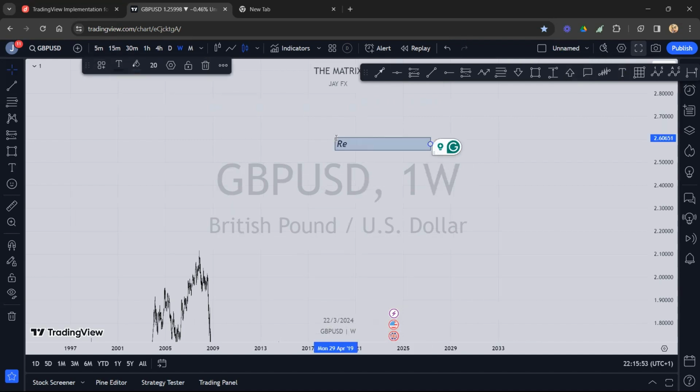A resistance level is an area in the market or price level where price is having difficulty breaking above.